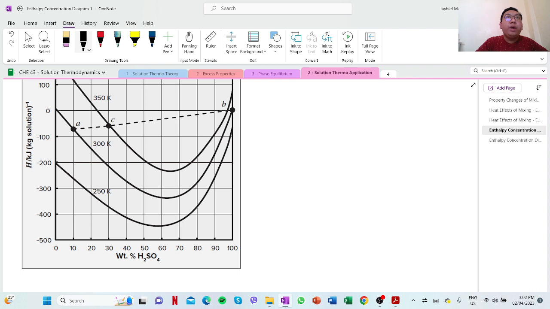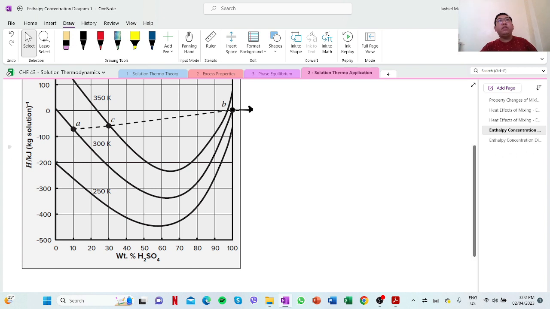So for M1, that is pure H2SO4. For 100% H2SO4, it was emphasized earlier that at 300 Kelvin, the value of your enthalpy is more or less equal to zero.